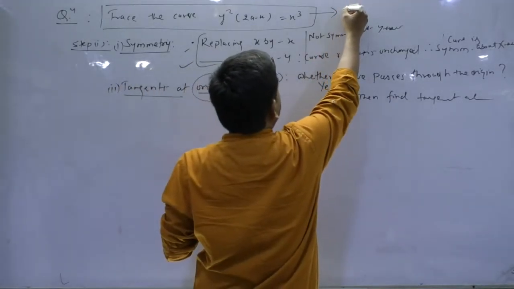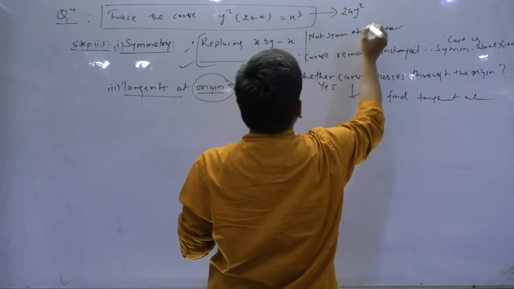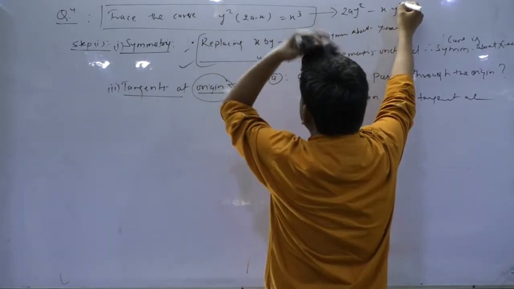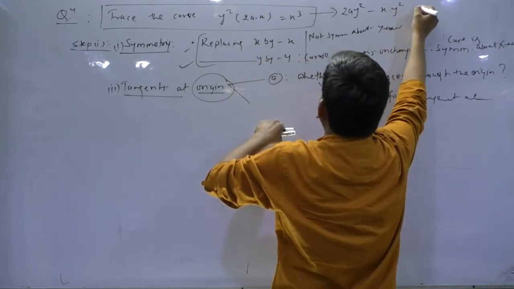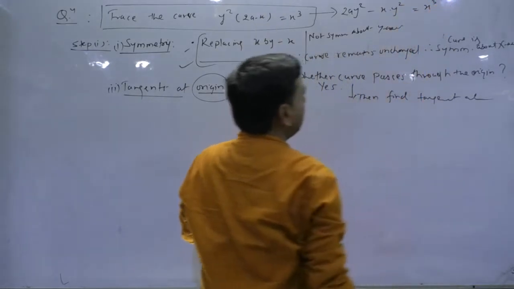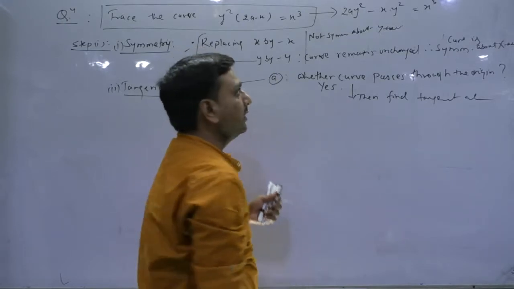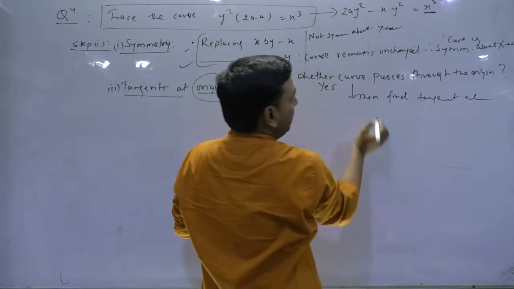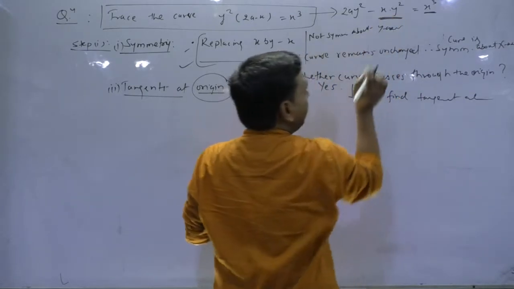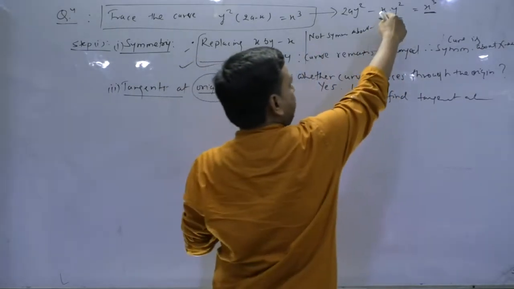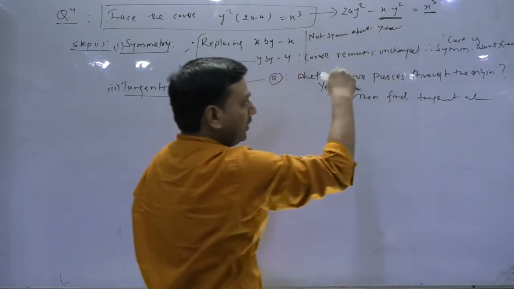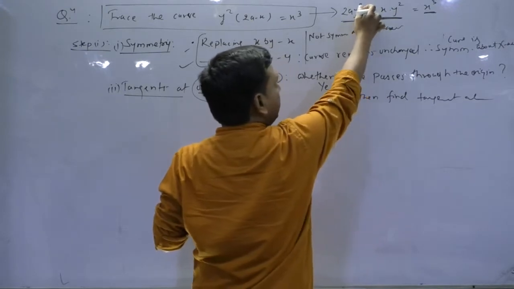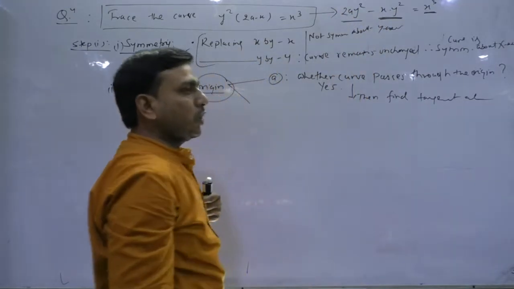So this curve itself can be written as 2a y square minus x into y square equals x cube बच्चे. Now check it out. This is the term of degree 3 because x का power 1, y का power 2, so whole term का degree is 3. This is a term with the degree 2 only because 2a is constant.